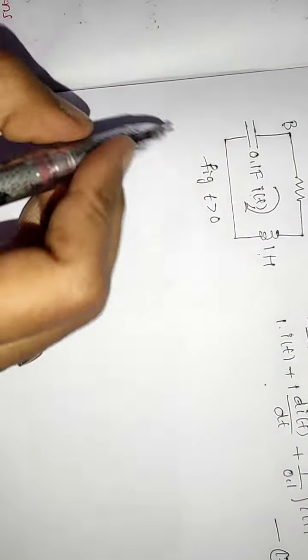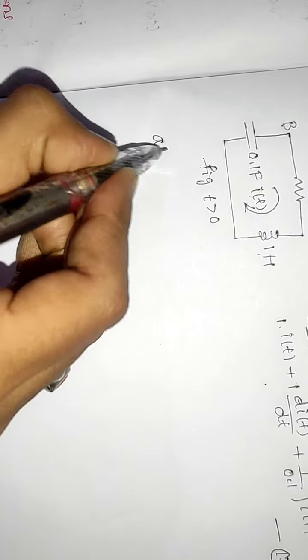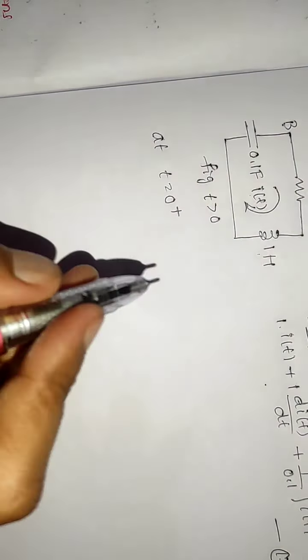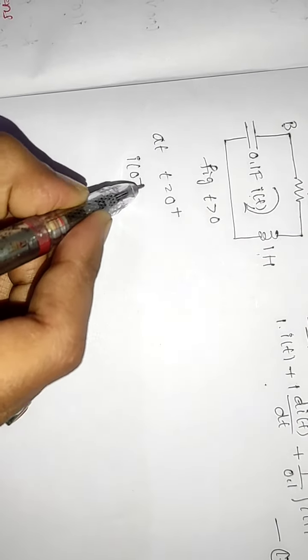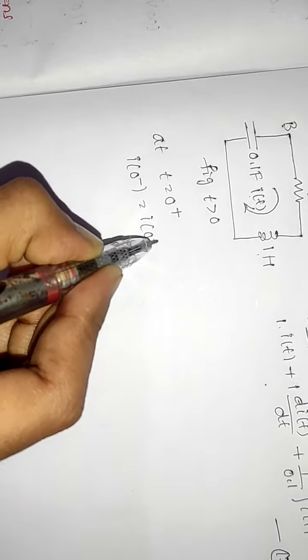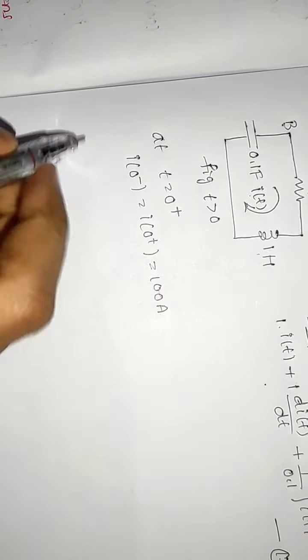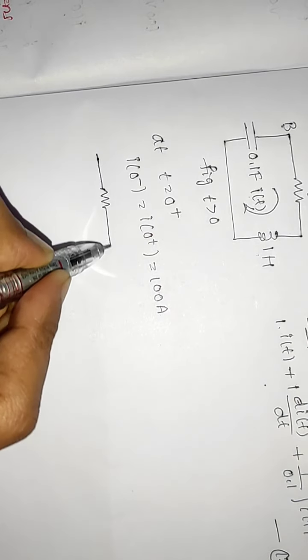Now at t equals 0 plus, you know the current value: I of 0 minus equals I of 0 plus, which equals 100 amp. Now I am going to write the circuit at t equals 0 plus.